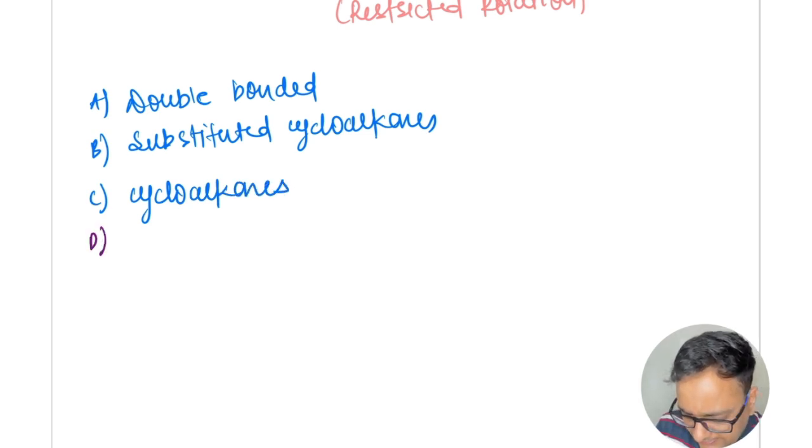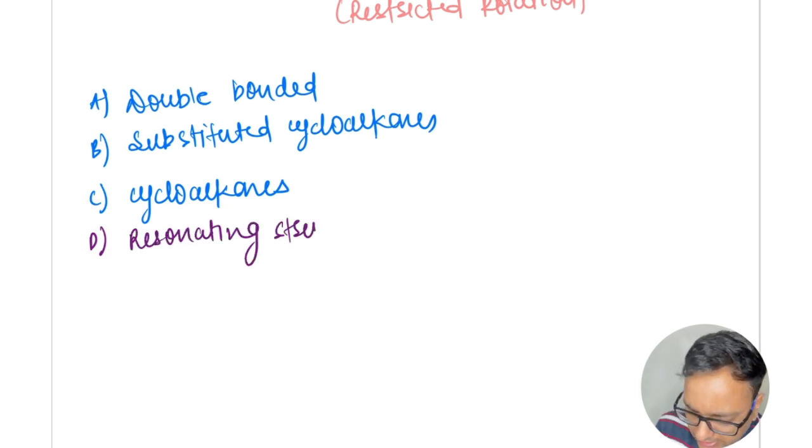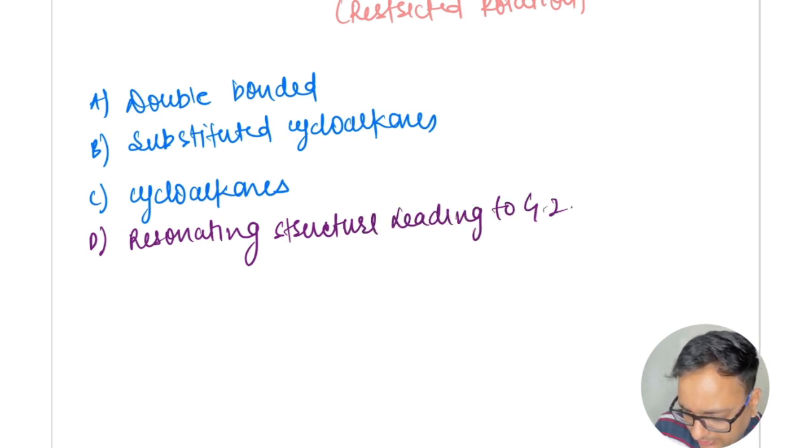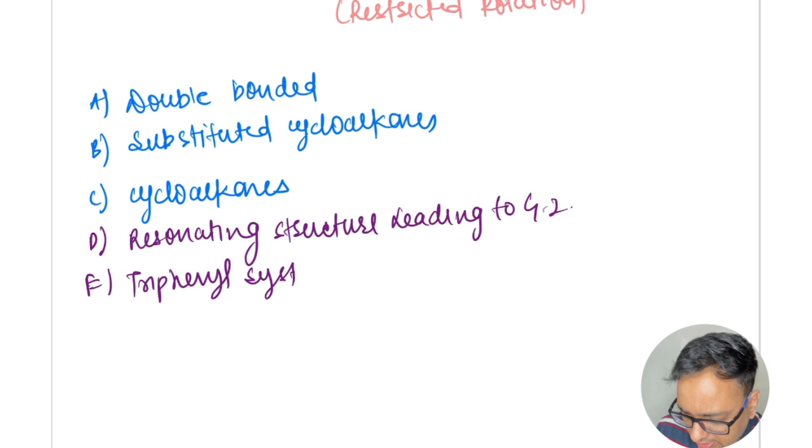D, it is resonating structure leading to geometrical isomer. E, it is triphenyl system.